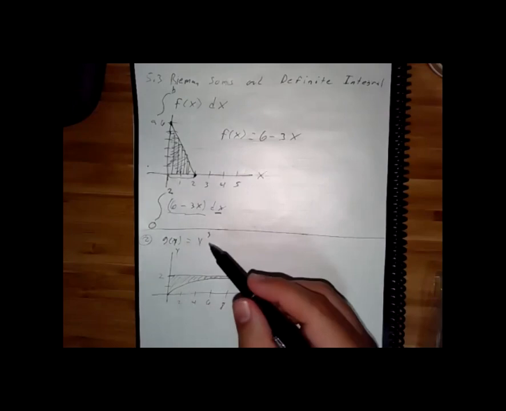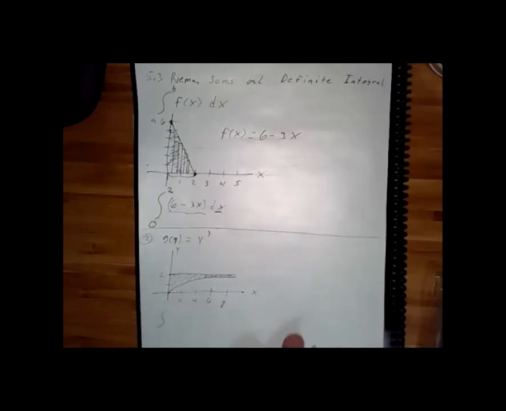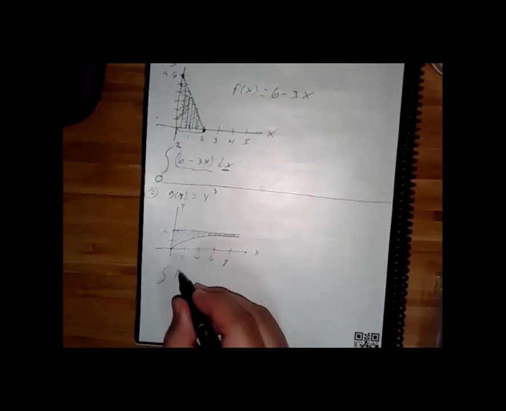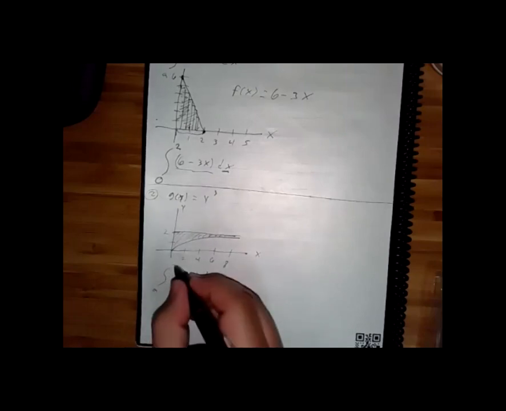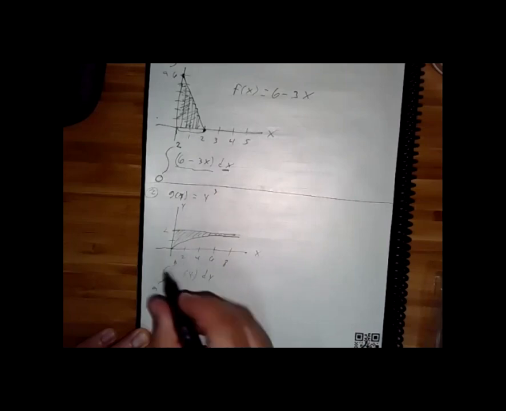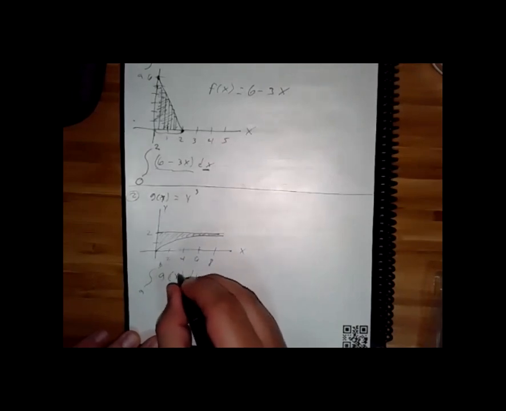So since we have y, it's not x. We have to do an integral with a g of y dy from some a to b. That's an ugly g. That is a y.